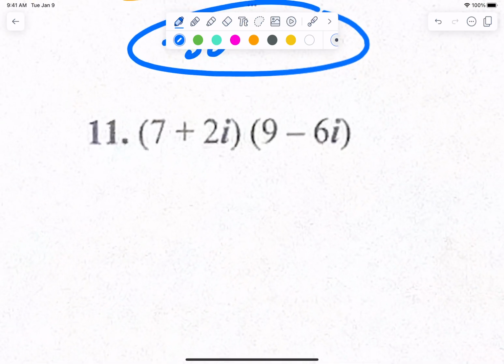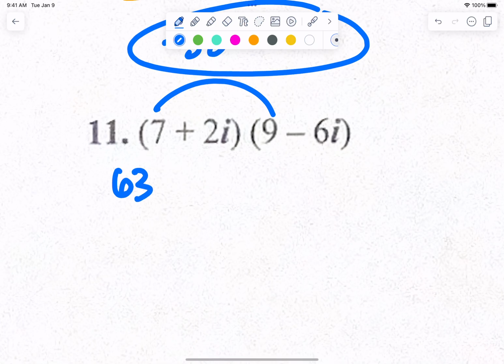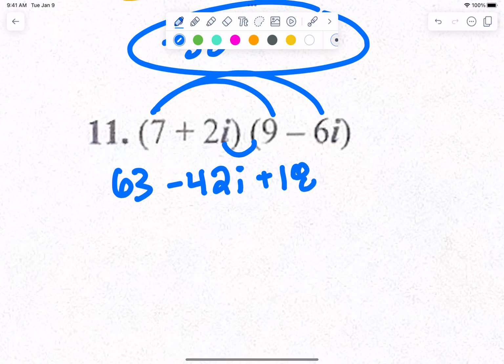2 times 6, kiddo. No, you're not doing it right. Brady, 7 times 9. 63. 7 times 6i is 42i, yeah? Oh yeah, that's 42. Never mind, we're good. This is plus 18i. This is minus 12i squared, which is plus 12, right?